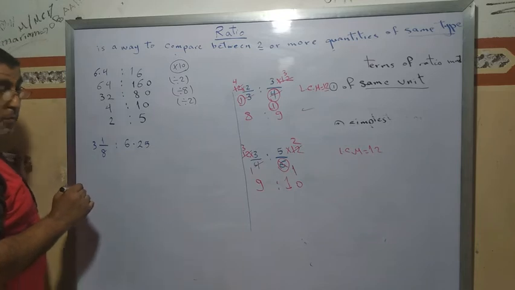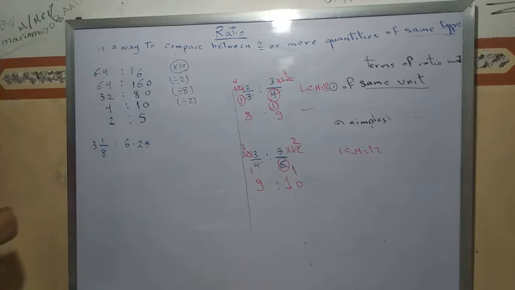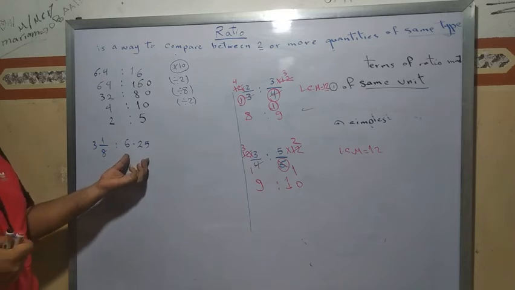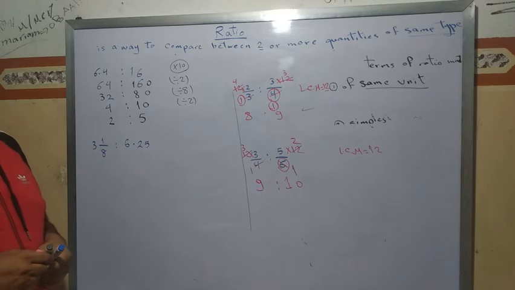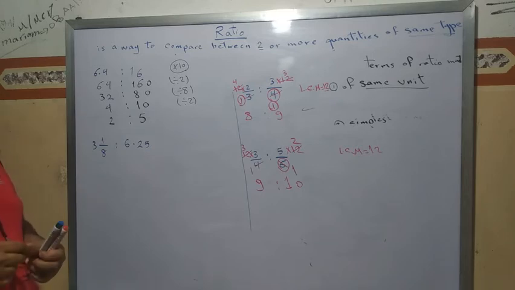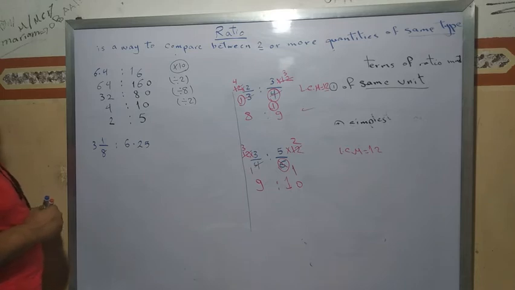The second problem. We must convert this fraction. One number is a decimal number and the other is in fraction form, so we must make them in the same form, fraction form or decimal form. 1/8 equals 0.125.